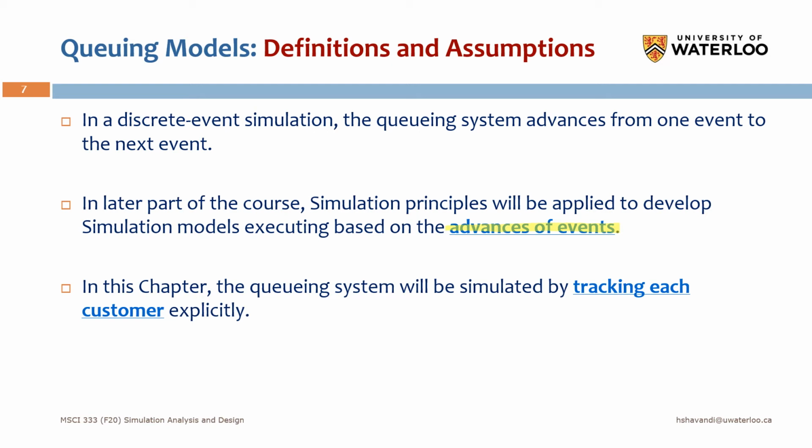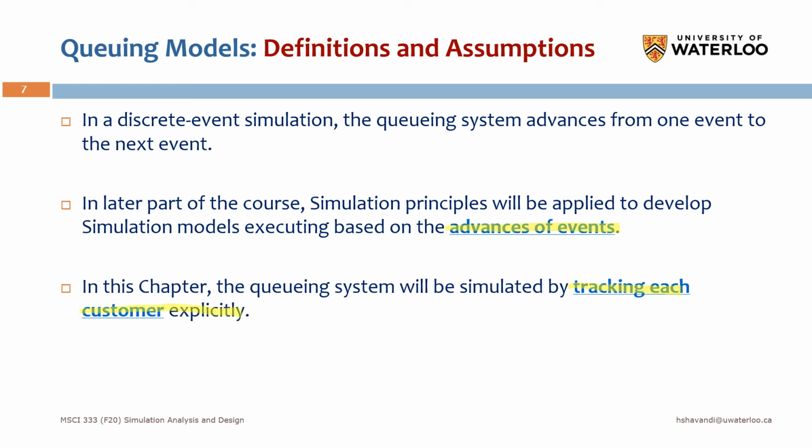But since we are going to implement this simulation model in Excel, it's somehow impossible, or maybe too difficult, to implement this approach in Excel. So we are going to consider another approach, which is called tracking each customer explicitly.